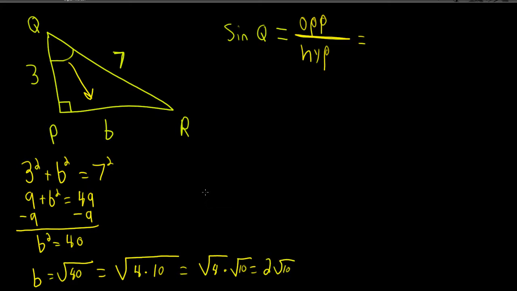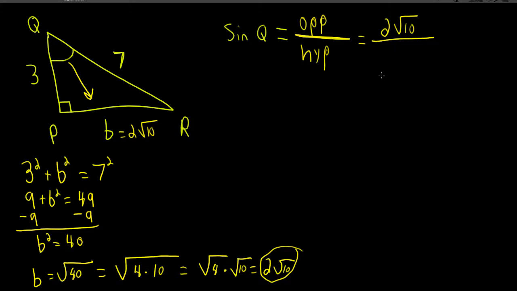The square root of 10 is definitely not going to break down any further because it's just 5 and 2. So this right here is what b is equal to, 2 times the square root of 10, which is our opposite side. So we have our opposite is 2 times the square root of 10.